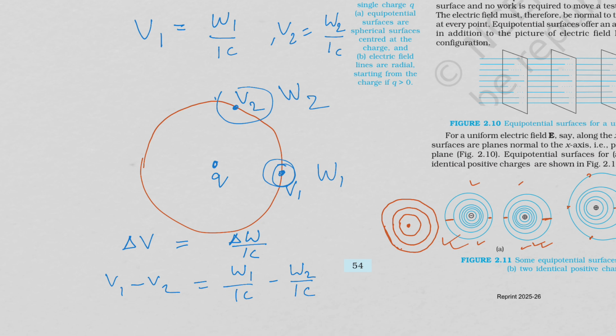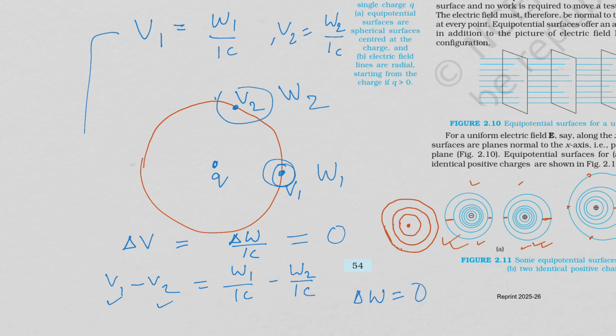And we know that on the equipotential surface the potentials are the same, so V1 is equal to V2, that's why this is 0. That suggests that delta W is equal to 0, which means on the equipotential surface the work done is 0 in moving the charge from one point to another point on the equipotential surface. So this is also important to understand.